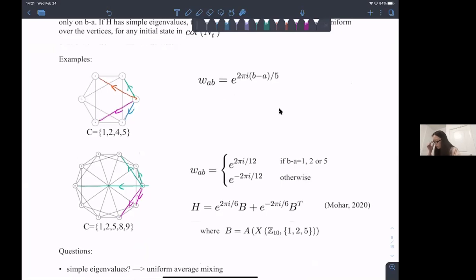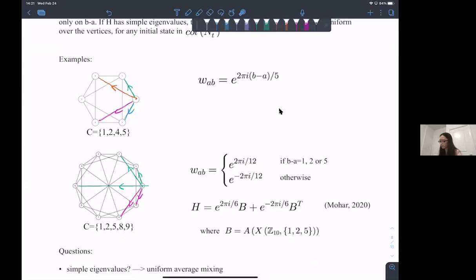And another way to do this is to divide the connection set into 2 parts: the elements that do not exceed half of the number of vertices and the elements that do exceed that. And then we can assign the 12th roots of unity to the first set. Okay, so these 3 arcs receive this number, and we can assign the conjugate of the 12th roots of unity to the rest of the connection set elements.